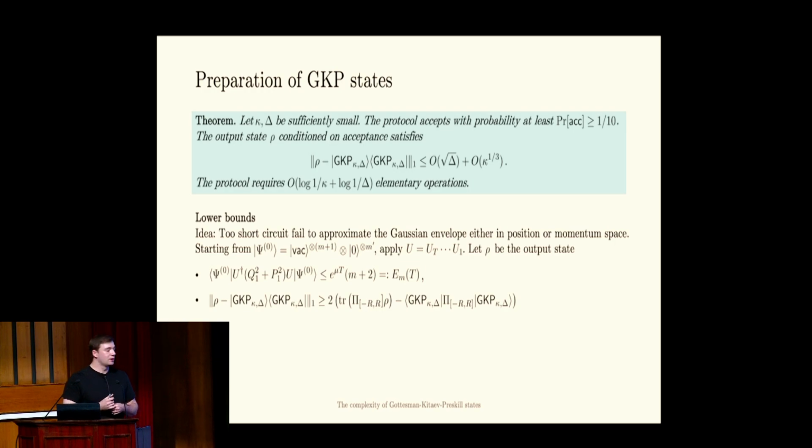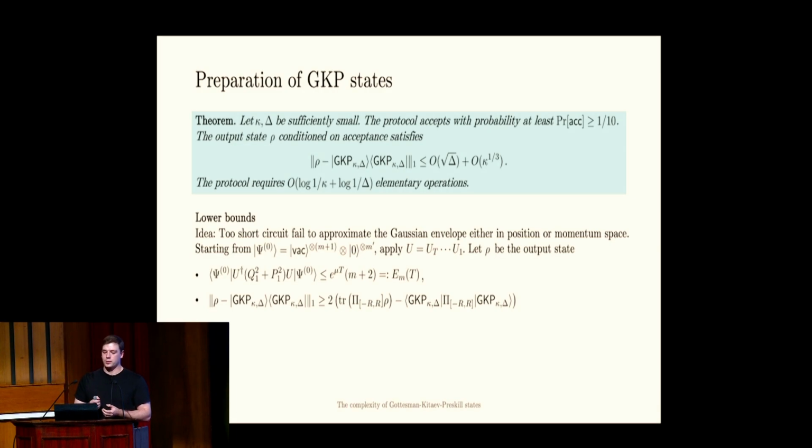And a bit more technical, but I'm leaving out the details here. If we, again, start from this initial state and apply a unitary sequence and denote rho the output state of, let's say, a unitary or heralding protocol, we want to use, again, these moment limits. We want to use the fact that the energy can grow at most exponentially in the size of the unitary part of our protocol.